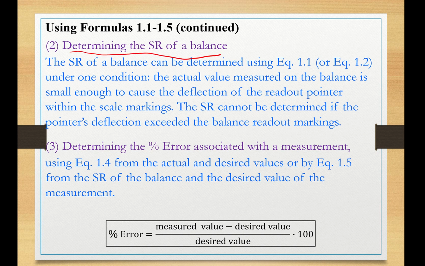We just have to make sure though that the weights we're using to determine the SR are small enough to deflect the readout pointer by 1 division in the scale markings, okay? We can also use equation 1.4 or 1.5 to determine the percent error associated with the measurement, as long as we know the actual and desired value.